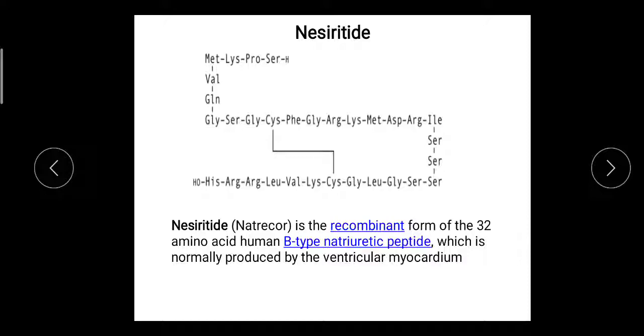Due to this stretching, caused by increase in the ventricular blood volume, this B type natriuretic peptide hormone is secreted by the cardiomyocytes, and this peptide causes smooth muscle relaxation by stimulating cyclic guanosine monophosphate. So this is the mechanism of action.